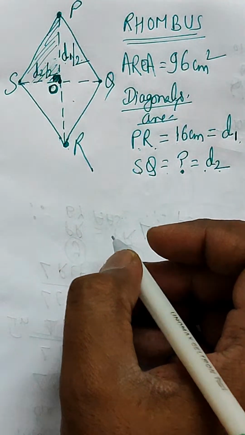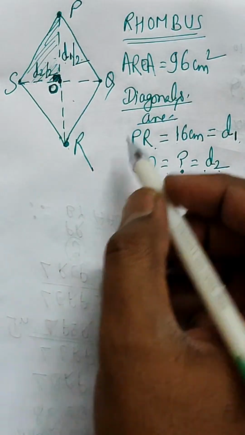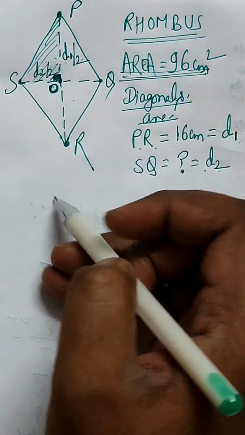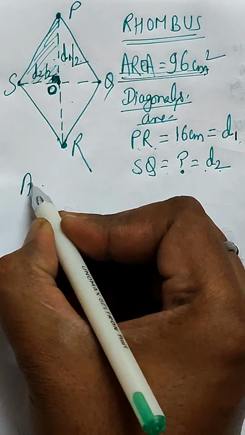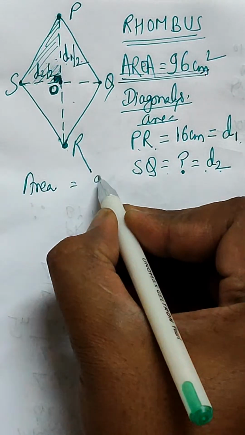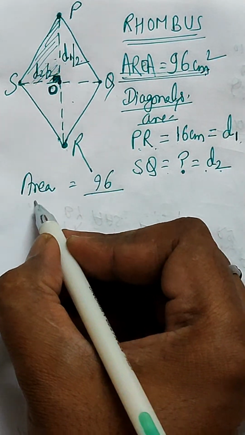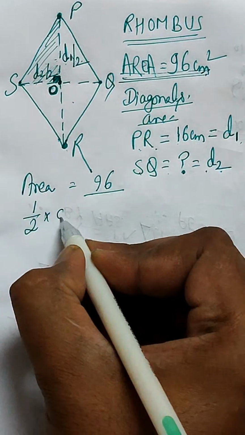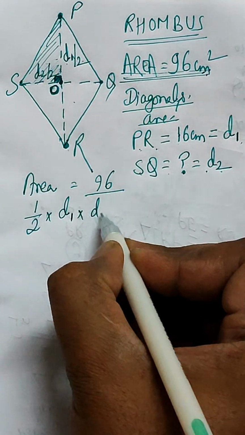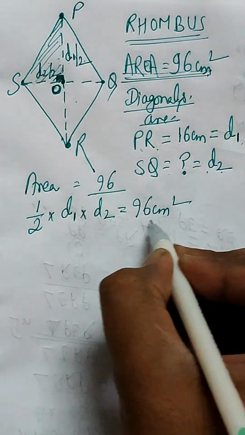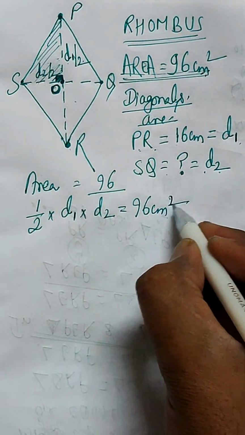Now what we will do is simply evaluate the area of the rhombus. You know what the area of the rhombus is, which is given as 96 centimeter square? Anyone of you can tell us? Area of rhombus is half into diagonal 1 into diagonal 2, which is equal to 96 centimeter square, which we can equate, right? This is fine.